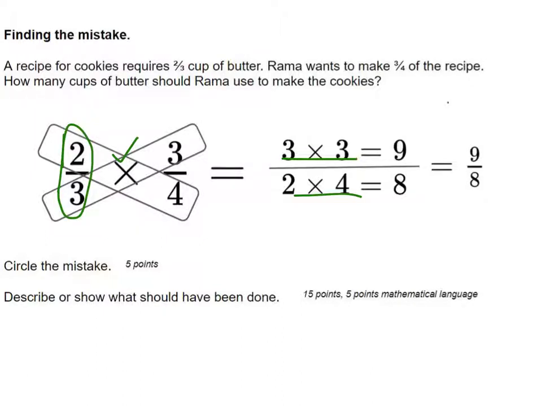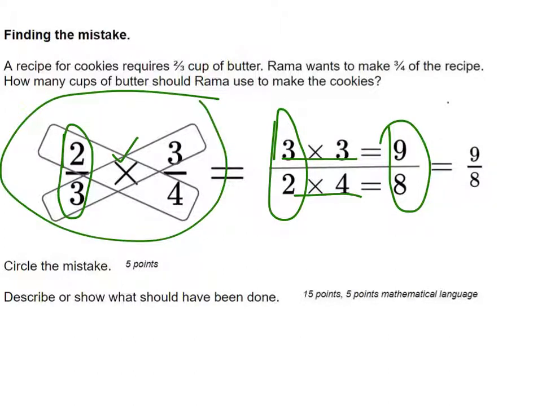So if you circle this part, that would have gotten your answer correct. Also, if you circle this part, that would have gotten your answer correct. So make sure that you understand that they shouldn't have flipped it. They shouldn't have multiplied diagonally. So just circling any of those parts would have given you the answer. If you circled this whole thing, it would have given you the 5 points too. So there were different ways you could have shown where the mistake was.